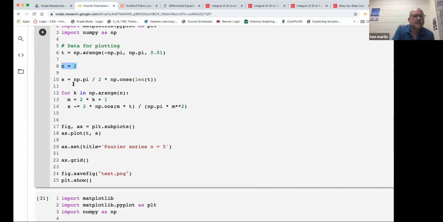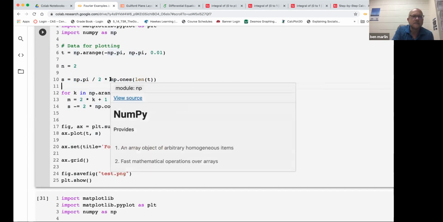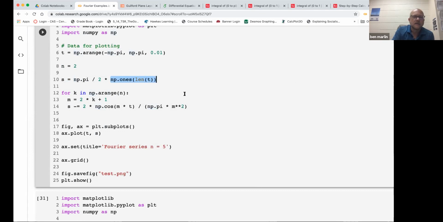All right, and then I went ahead and did something kind of tricky and weird looking here. I took the pi over 2, and then I had to multiply it by np.ones of the length of t.